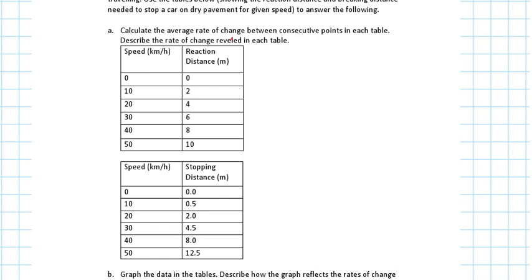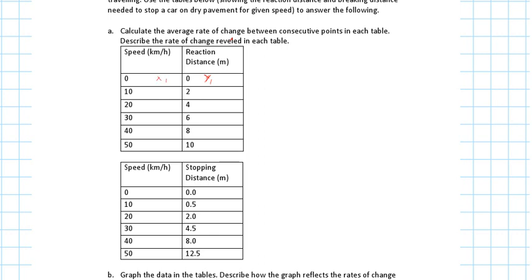If I'm looking at the first 2 points, this is my Y value, so this is Y1, and this is X1, and this is Y2, X2. To find the average rate of change, you do Y2 minus Y1 and divide it by X2 minus X1.